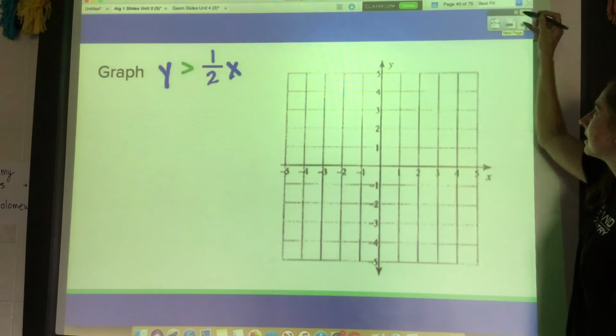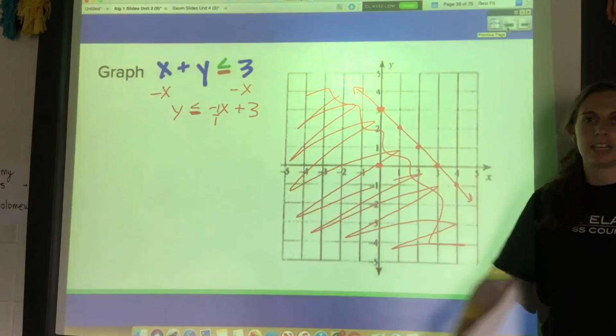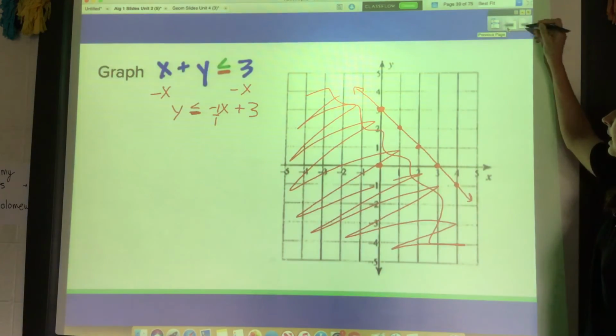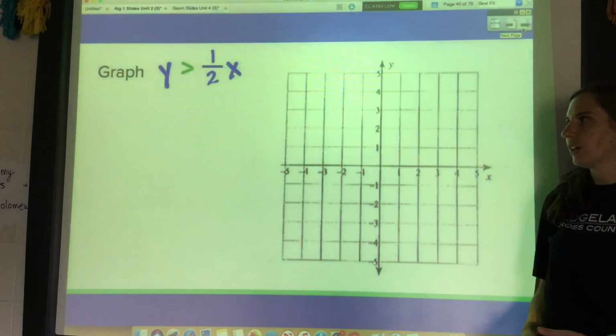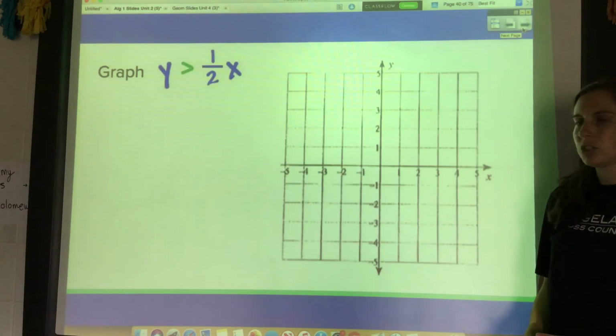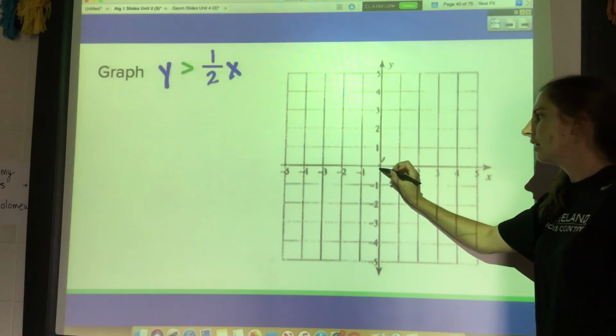So just to be clear, this is infinite solutions. All of these points to infinity are solutions to that inequality. On this next one, it's already solved for y, so I don't have to do any of that work. To graph it, the y-intercept is just 0 because there's nothing there.